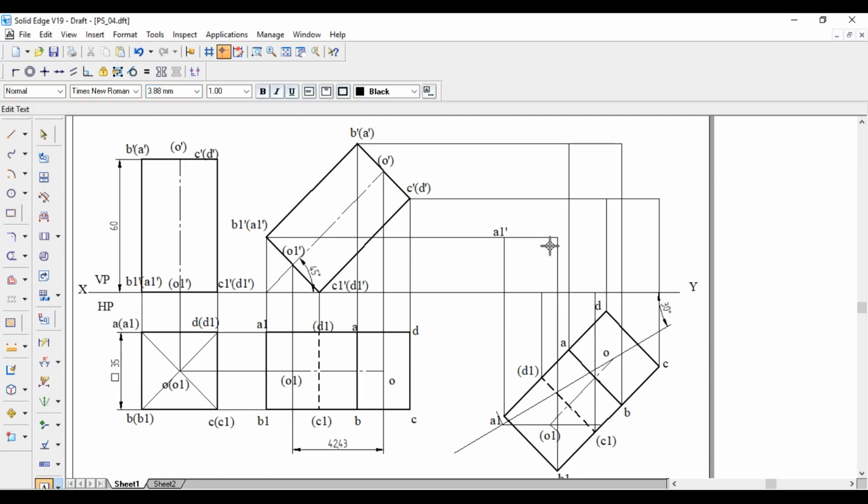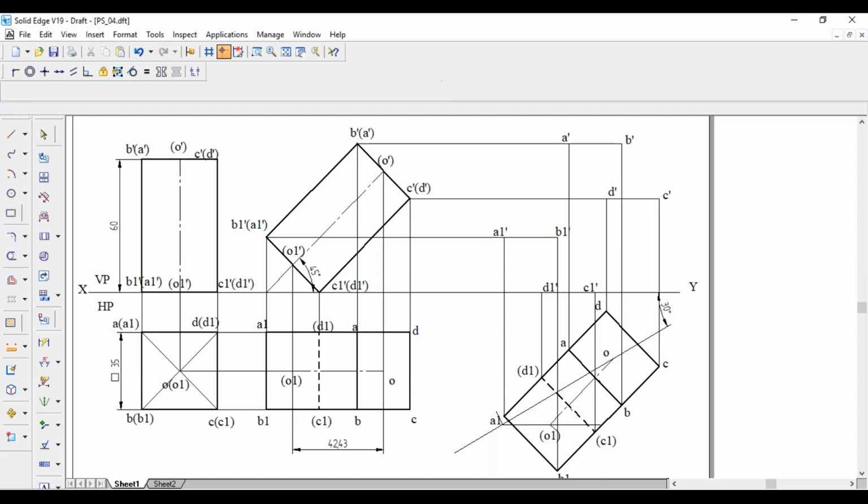A1 dash, B1 dash, C1 dash, and this one is D1 dash. Similarly, A dash, B dash, C dash, and this one is D dash.